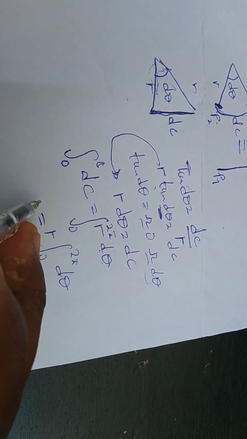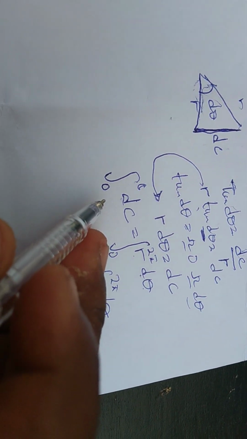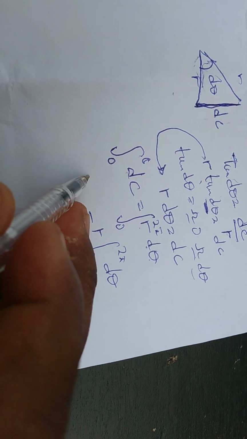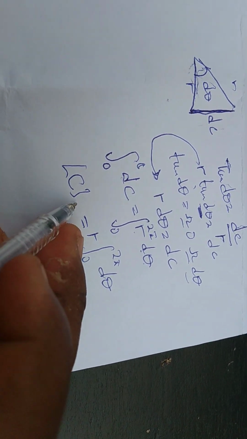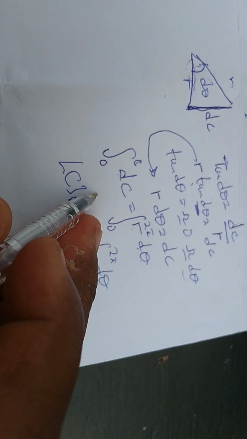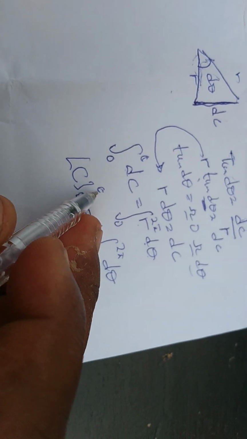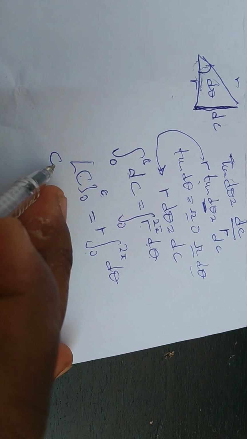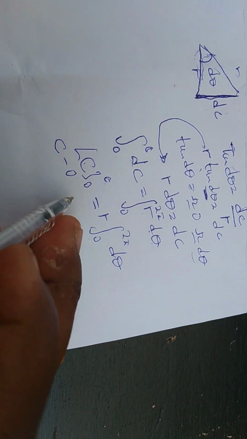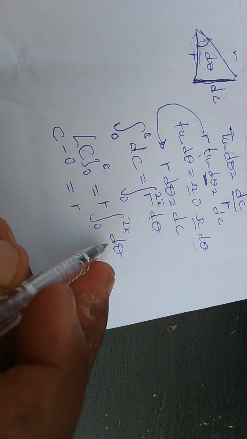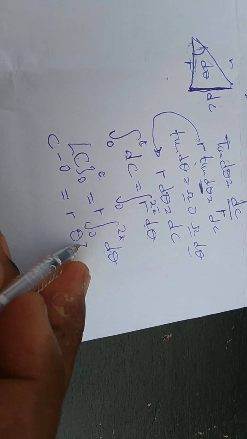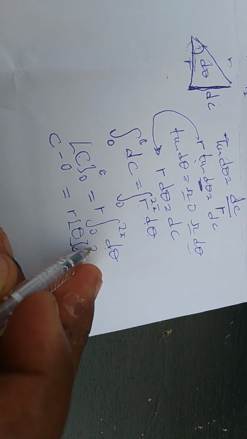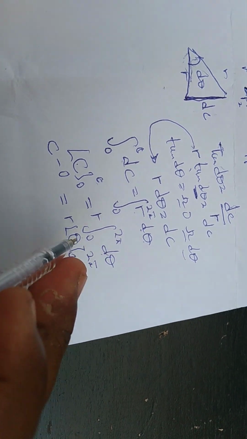Integrating dC, using the limits 0 to C, gives C from when the circumference was 0 to when it is the full C. Substituting the limits, we have C minus 0. Integrating d theta gives theta between the limits 0 to 2 pi, the total angle in a circle.